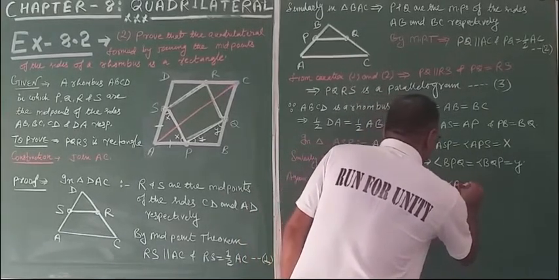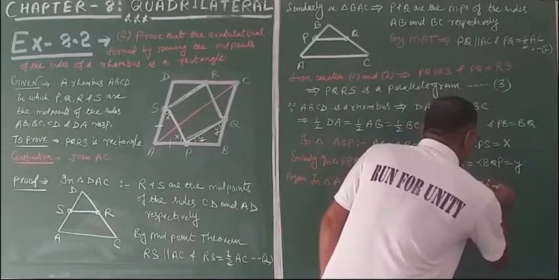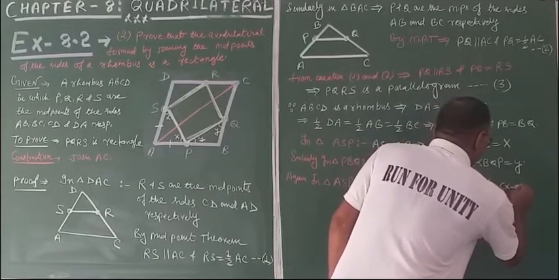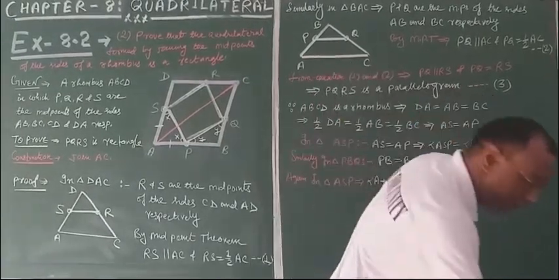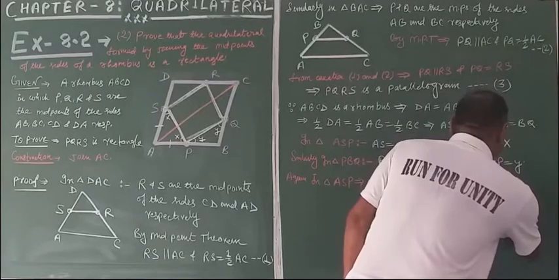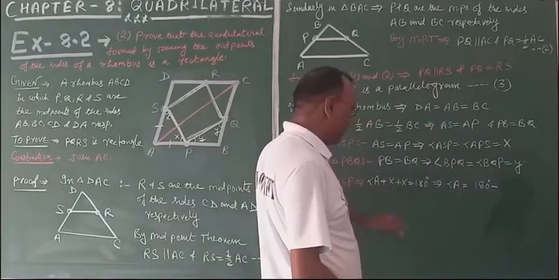Therefore, angle A will be 180 degrees minus x plus x, that is, 180 degrees minus 2x.